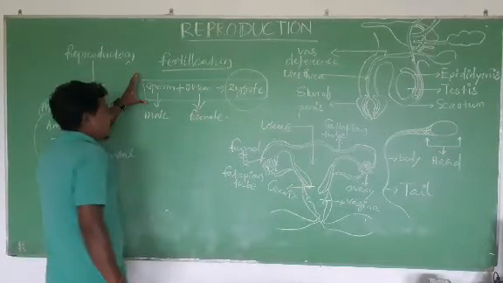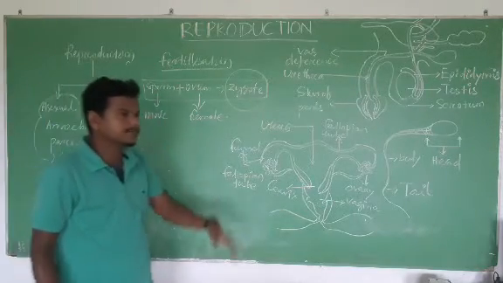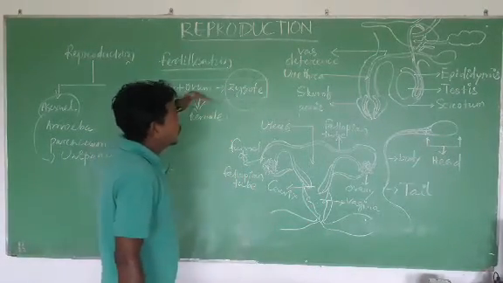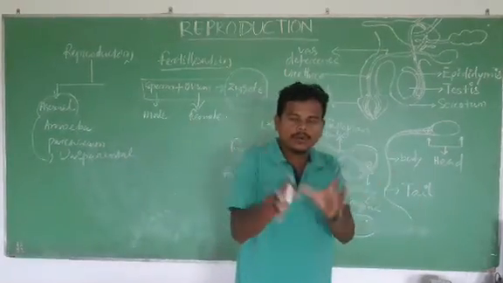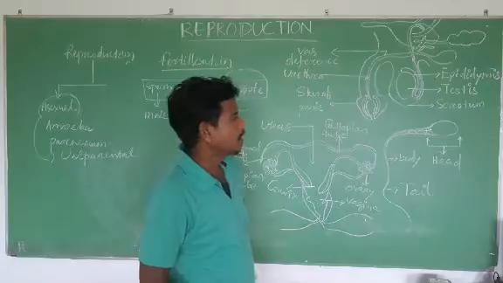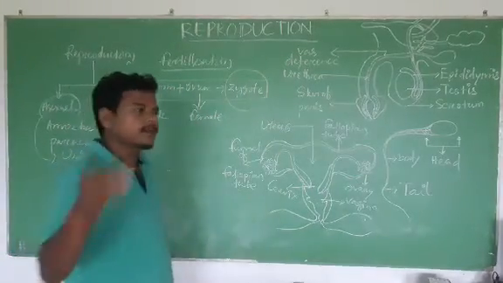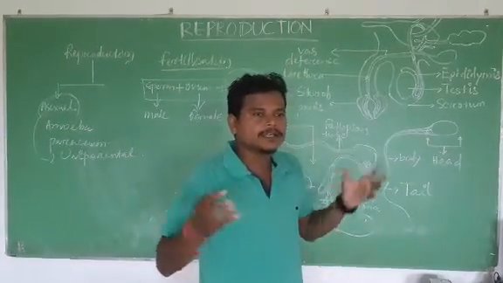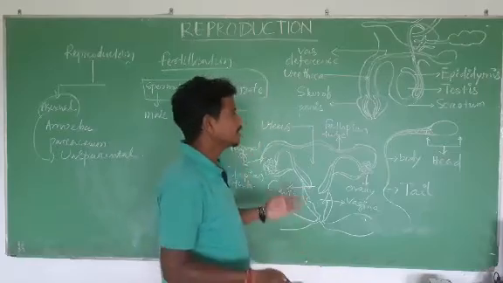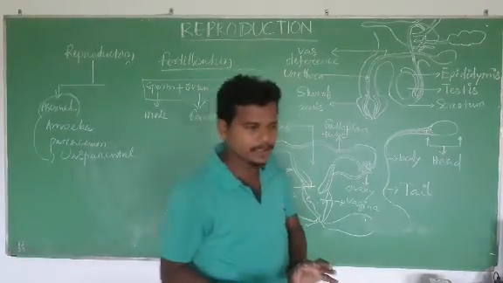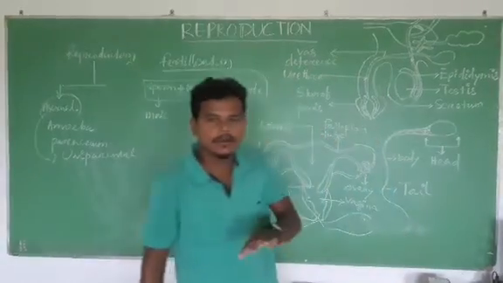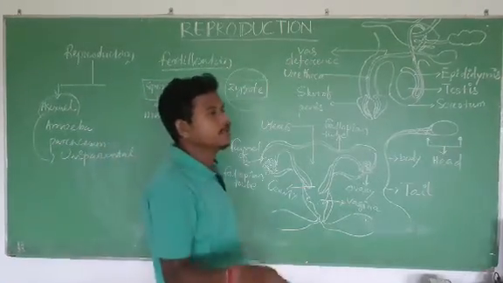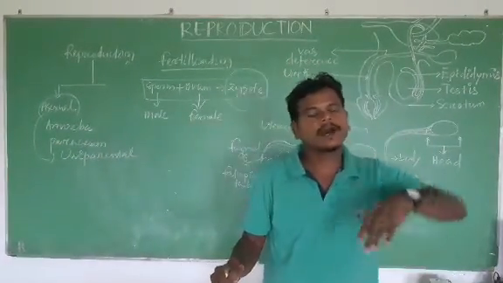According to this, the organisms that give birth to young ones have fertilization occurring inside the body. And the organisms that lay eggs then hatch their eggs, and the baby or chick, or whatever offspring, hatches out. In that case, fertilization occurs outside the body.